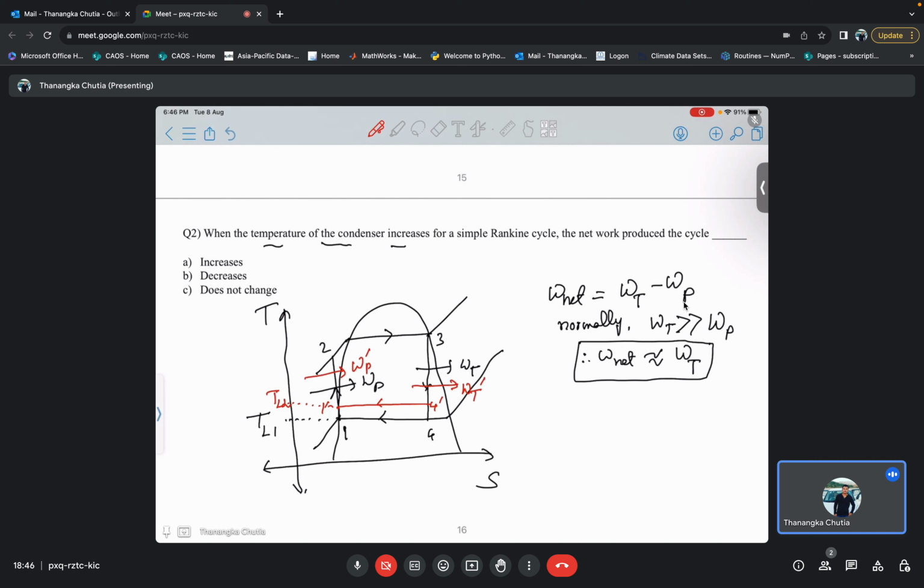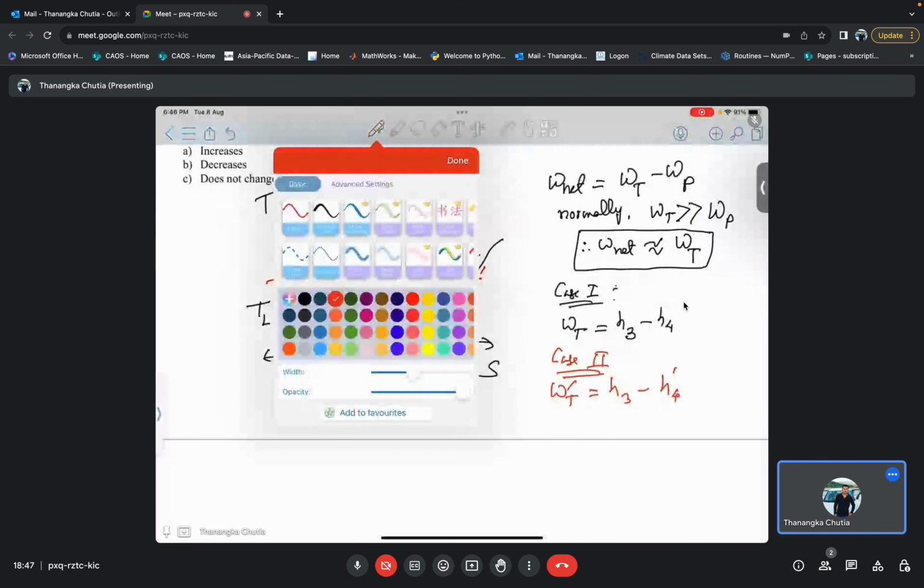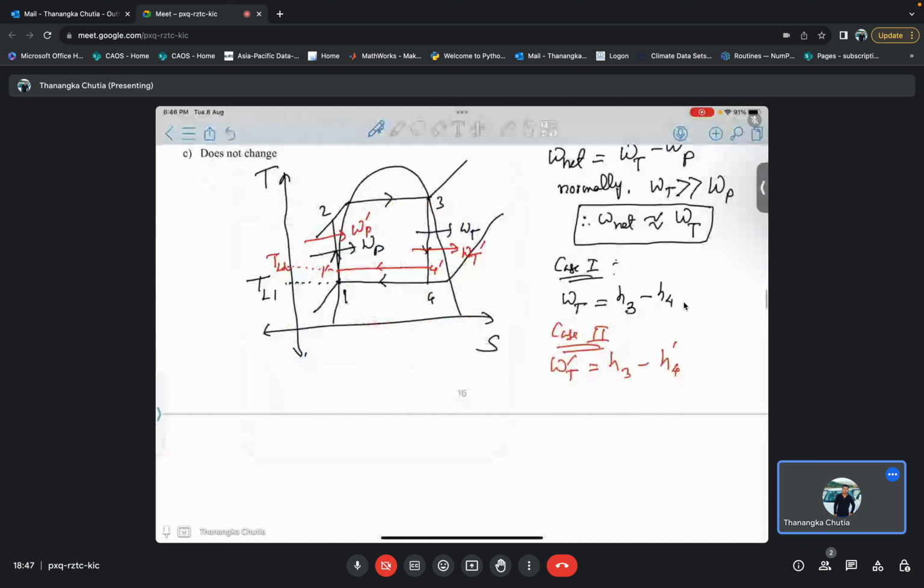So for case 1, my WT will be H3 minus H4, and for case 2, my WT dash is equal to H3 minus H4 dash. Now clearly WT dash is less than WT.